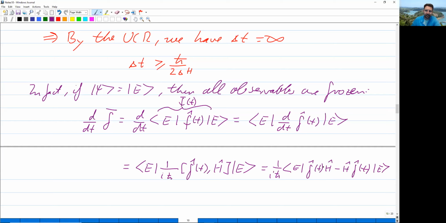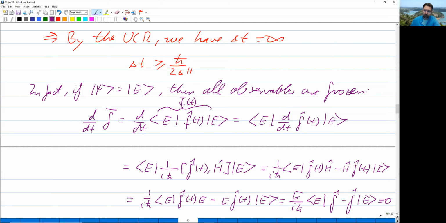And you see what's happening now is that this h hat can act to the right on this |E> to produce the eigenvalue E. And this h hat, being self-adjoint, can also act to the left in the same way, producing the eigenvalue E. So what we obtain is 1 over i h bar, and then it is f hat of t E minus E f hat of t, with E being an eigenvalue, over i h bar, and then we have <E|f hat minus f hat|E>, equal to 0.